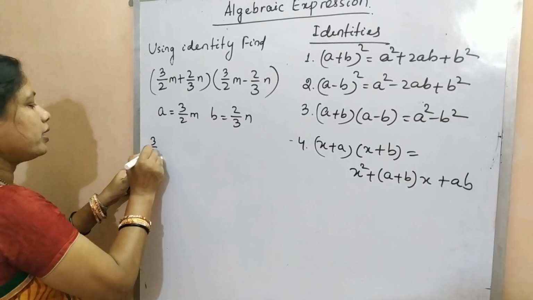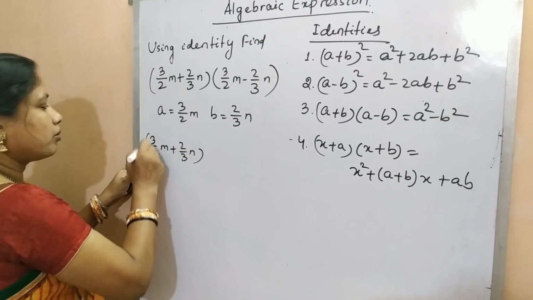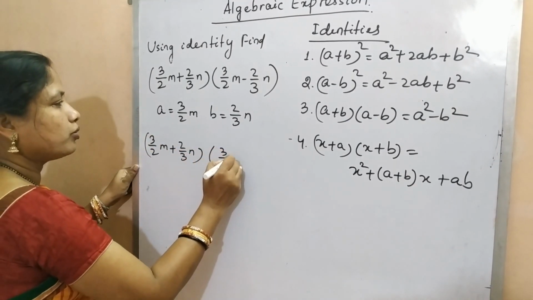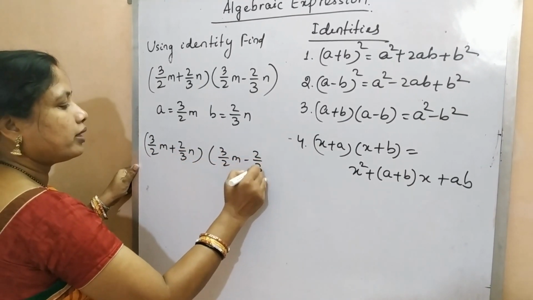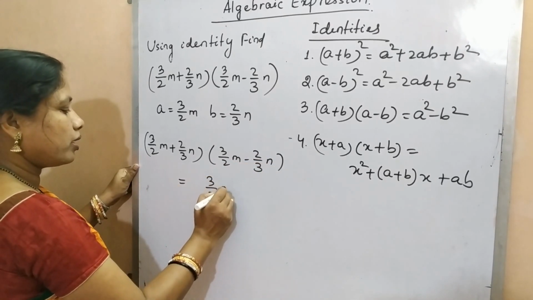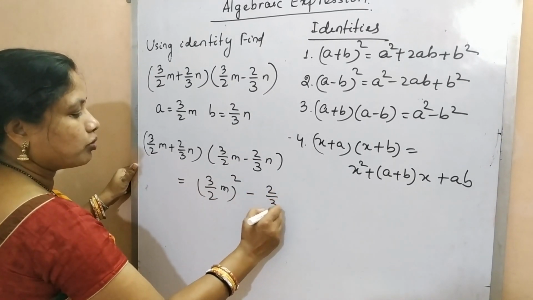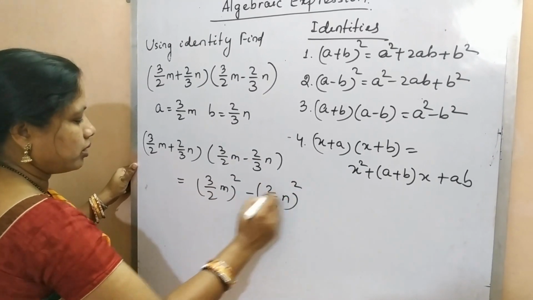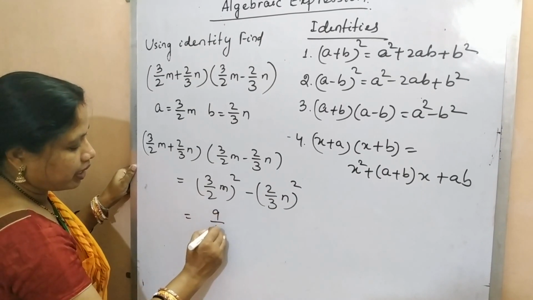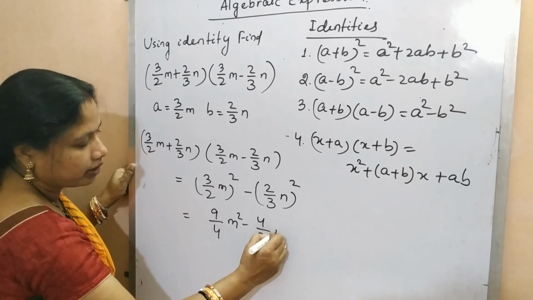So this is equal to 3 by 2m whole square minus 2 by 3n whole square, which is 9 by 4m square minus 4 by 9n square.